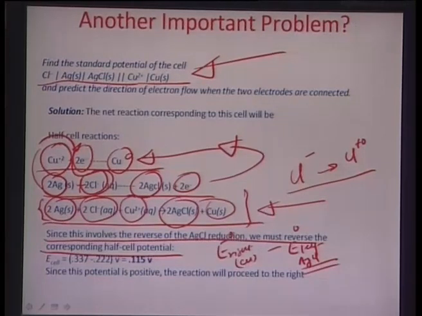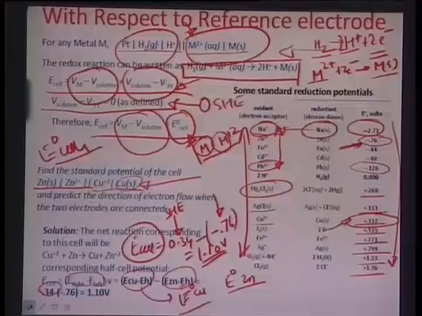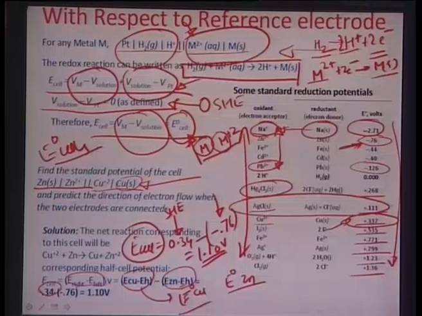Okay. And essentially if you look at the table before, where we are talking about the standard reduction potentials, this particular illustration here represents the reduction of AgCl really, right.